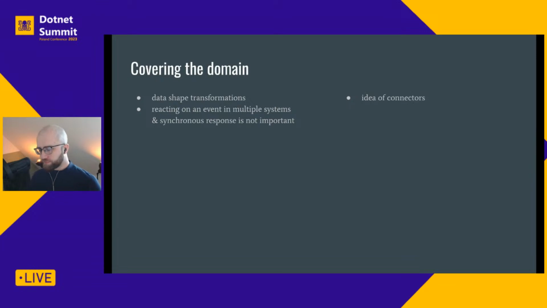That's it. Okay, so the next point was that we need to react to events in multiple systems, and we also don't need to care that hard about the synchronous response. So that together really screams publisher and subscriber design pattern, right?